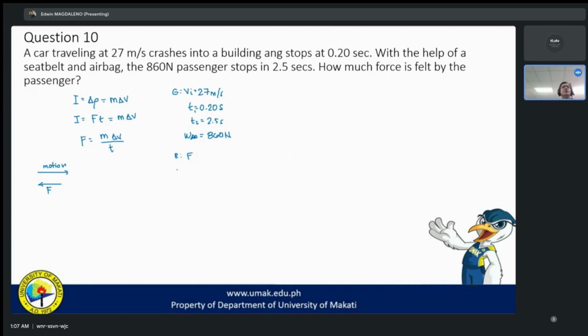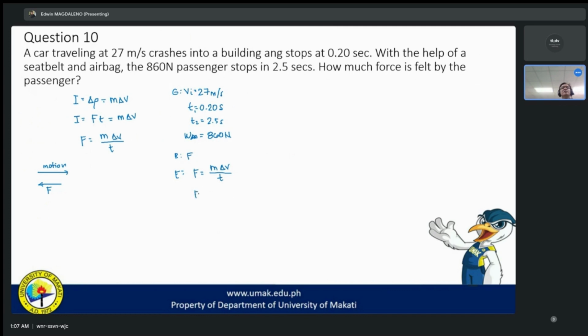The equation that we will be using, nakalagay naman sa screen, we have force is equal to the mass of the body times the change in velocity divided by time, or in other words, the change in momentum divided by time.